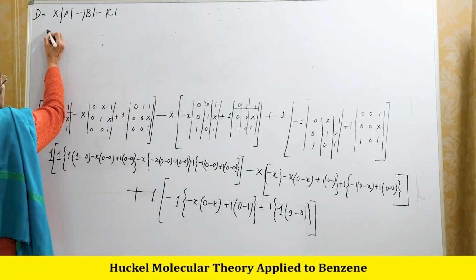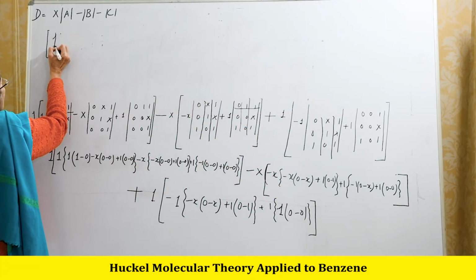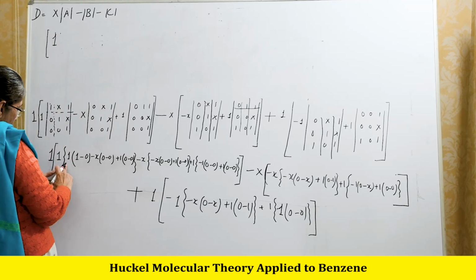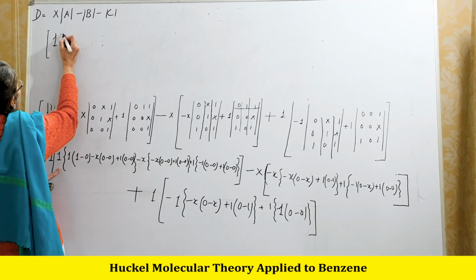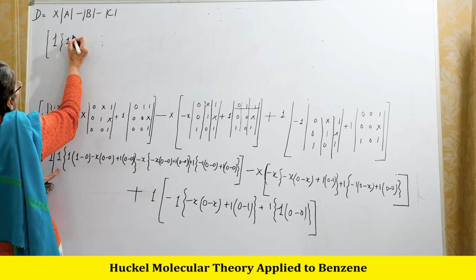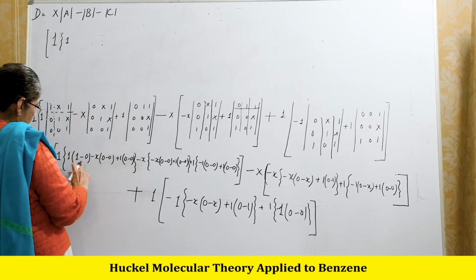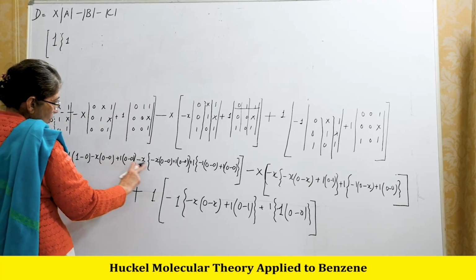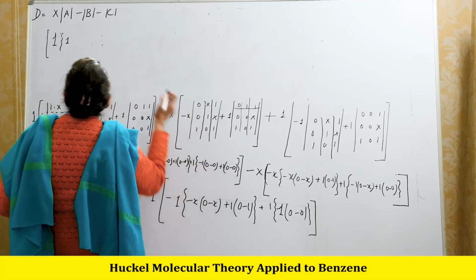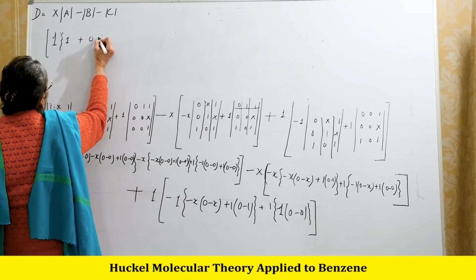So we take 1 into 1 into 1. Here we get 1 and 0. This is 0, this is 0, all 0.